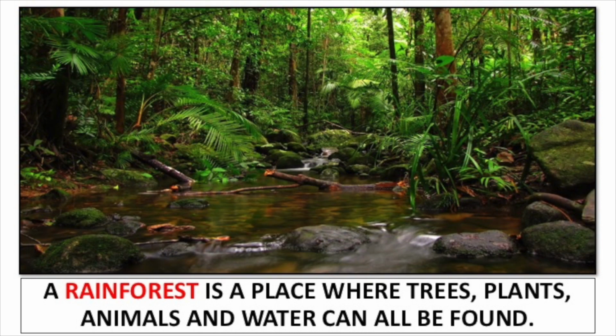A rainforest is a place where trees, plants, animals, and water can all be found. Now, what do you notice about the picture of the rainforest? Is there anything man-made? No, nothing. Everything in the rainforest is natural. Trees, water, plants, animals, all natural.